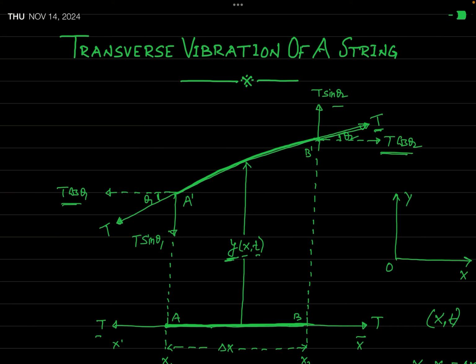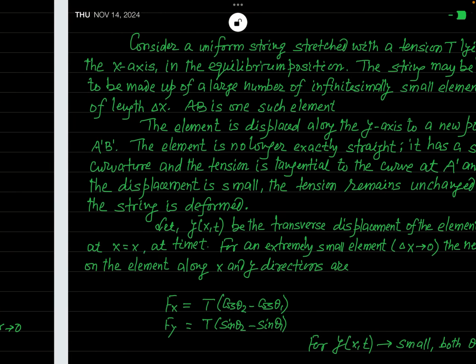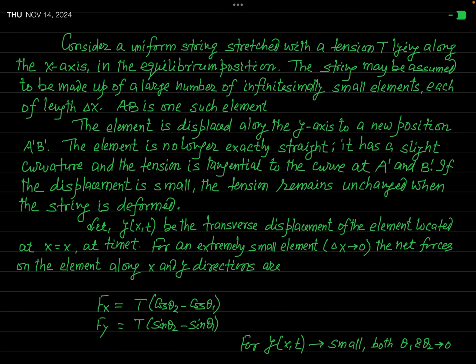Now, neglecting the effect of gravity on this string because it is not very heavy, you can find the net force acting on this element in the x and y directions. See this figure. If we make a free body diagram, let us say this point represents the element AB or A dash B dash.